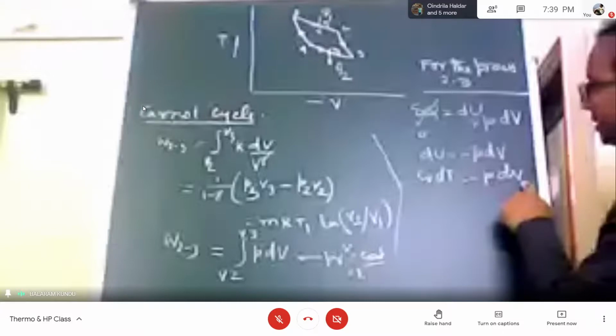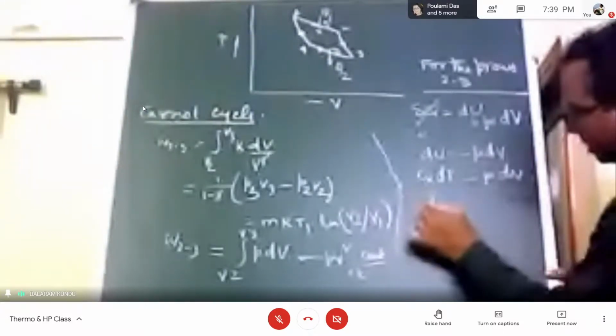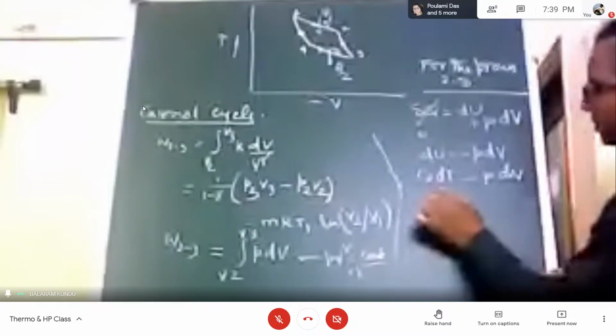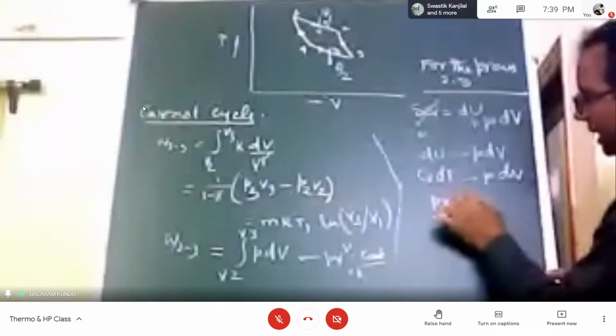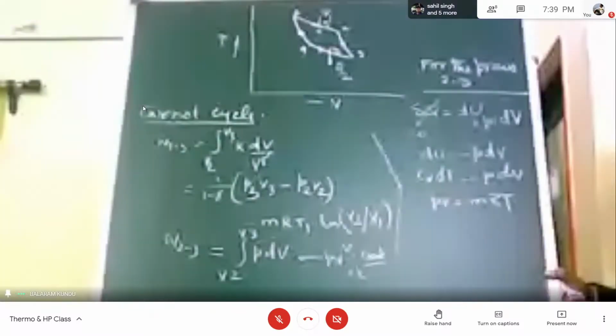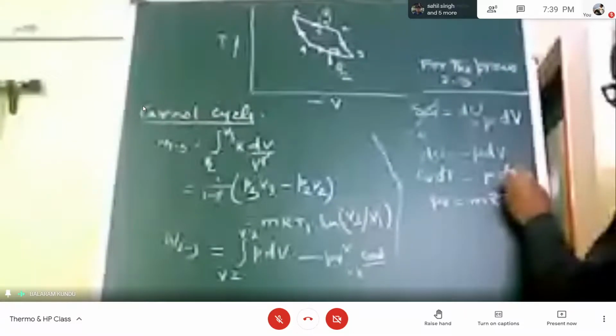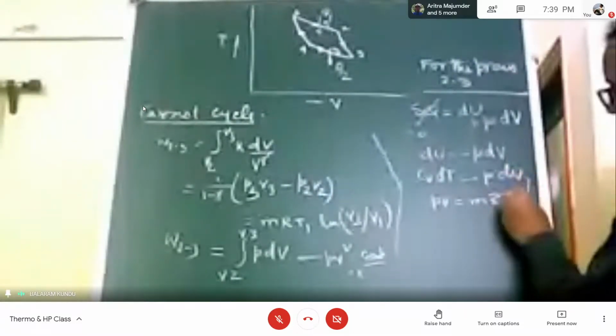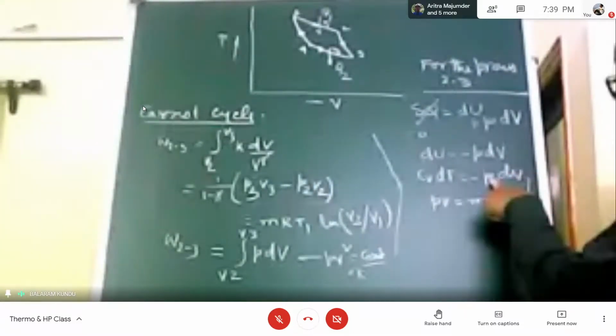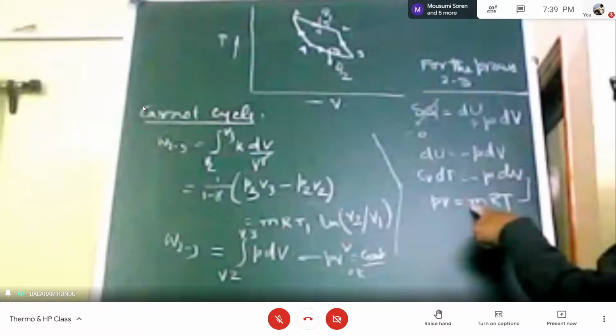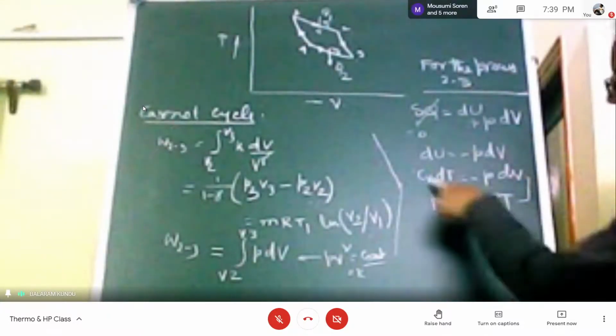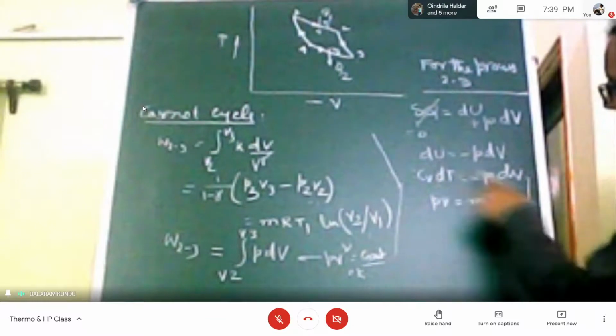Then what can we write here? From the ideal gas law, PV equal to nRT. If we combine these two equations, P can be replaced by nRT by V, and dT is there.